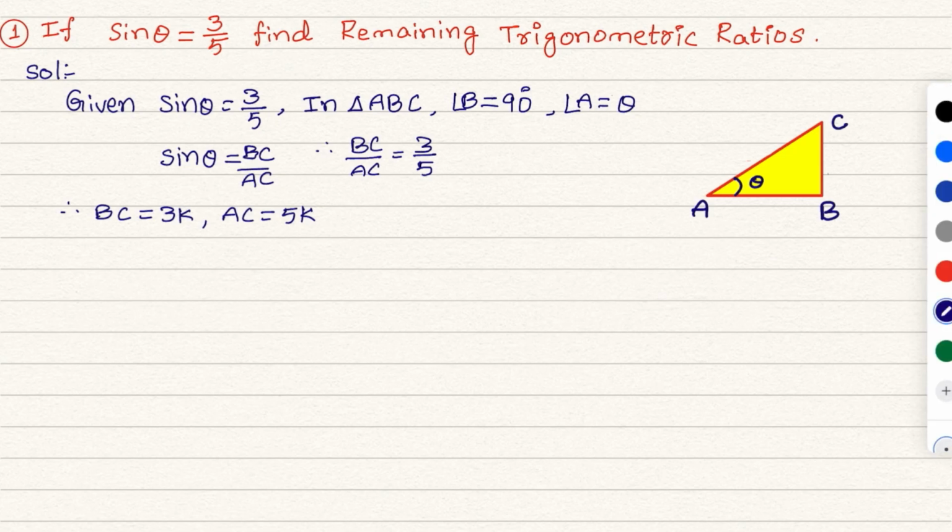Once we have written this, we use the Pythagoras theorem because we do not know AB. We find out the value of AB. So here by the Pythagoras theorem, what it says is AC square is equal to AB square plus BC square.